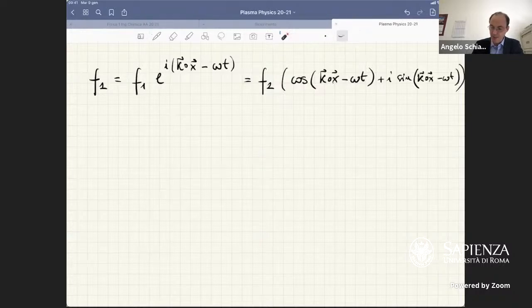We have a real part and an imaginary part, and in the end we just drop the imaginary part and take only the real part of the solution.